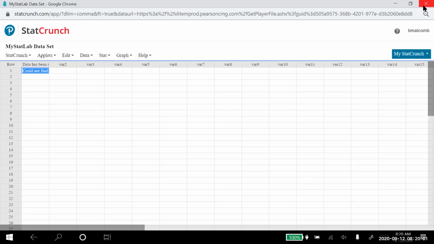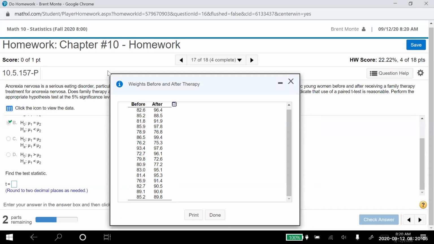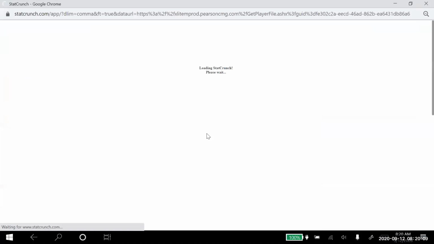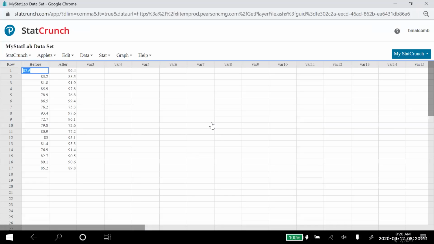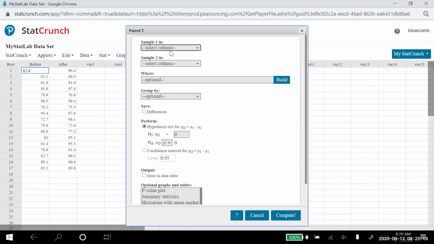Could not find the data. That is not helping me out. I don't want to enter all this data by hand, but we will if we have to. We'll give it 3 chances just like last time. Hey, second chance worked. Okay, so let's go in stat. Again, t-stats paired. That's it. Before minus after.